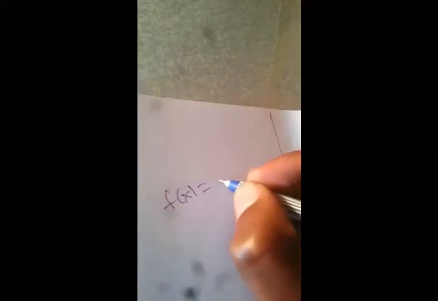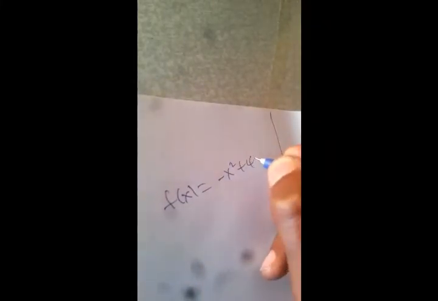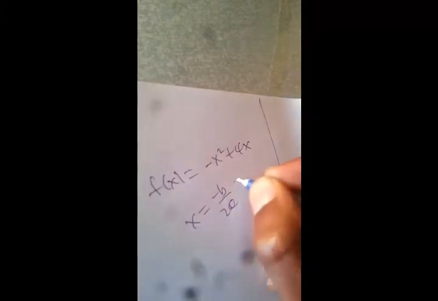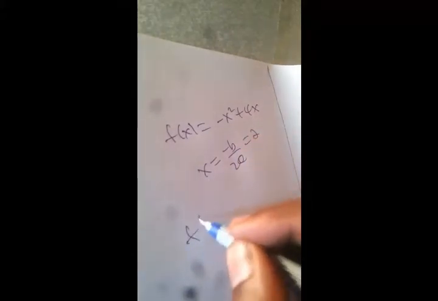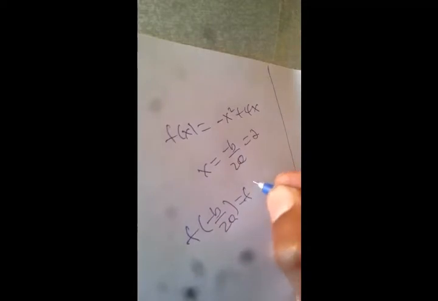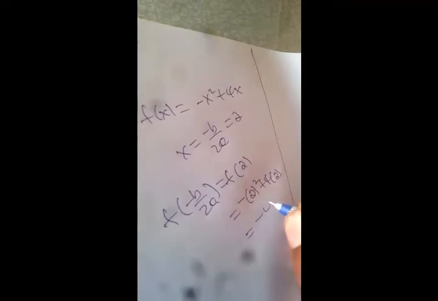The given equation is f of x equal to minus x squared plus 4x, and we already found that x equal to minus b over 2a is 2. When you insert 2 into the equation, we get minus 2 squared plus 4 times 2. Therefore, this is minus 4 plus 8. 8 minus 4 will be equal to 4.